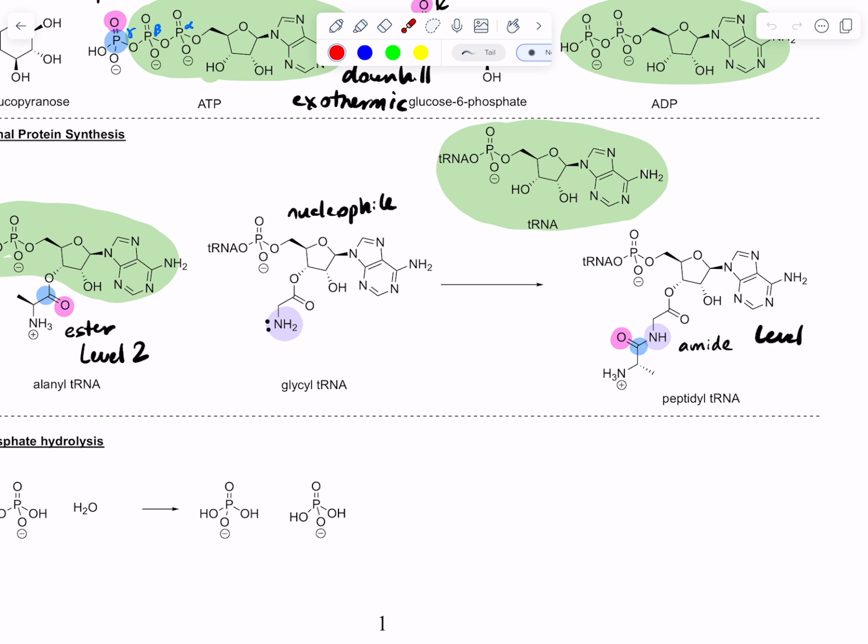Okay, so biology takes this ester and turns it into an amide, and that is downhill. Biology is great at going from level 2 to level 3. Biology is great at arranging things so getting the desired product is downhill. And that's kind of a beautiful thing, to arrange all the details in such order that things naturally flow the way you want them to go.